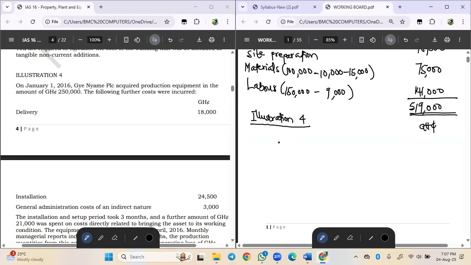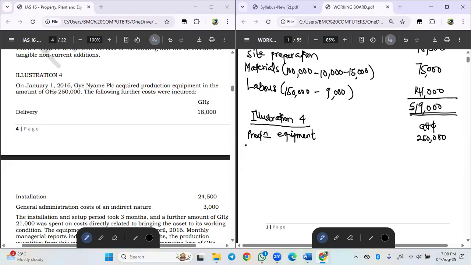So let's see. So they acquired the production equipment for what? 250,000. So let's say production equipment. So that one is for 250. Okay.